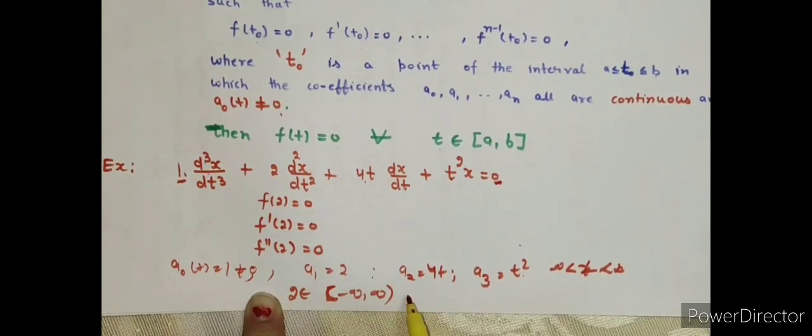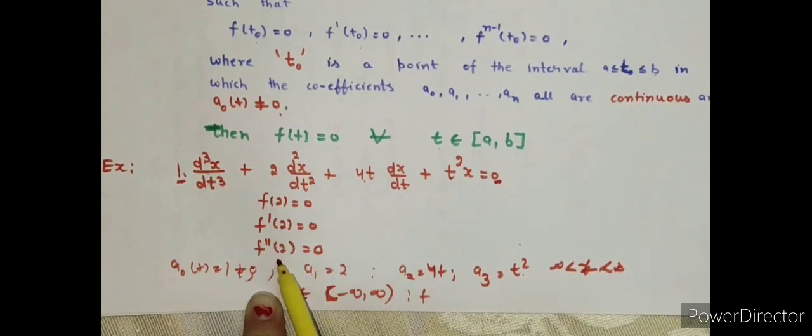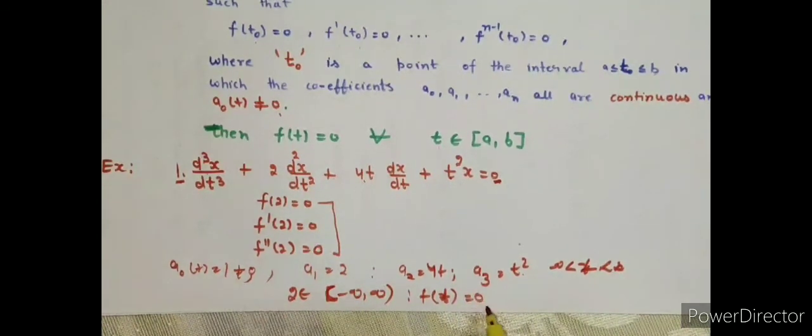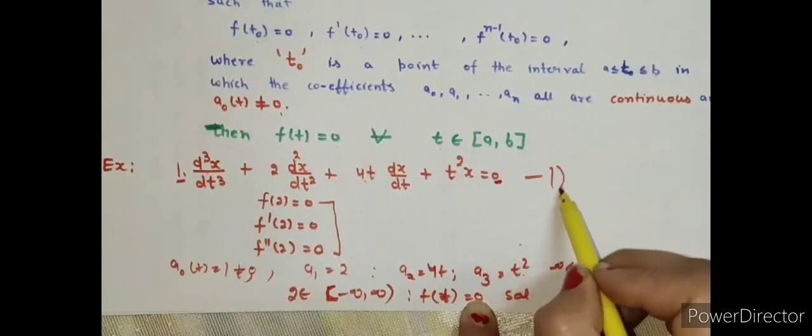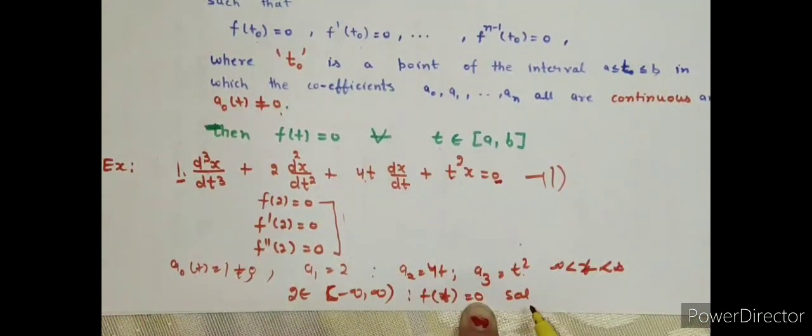So by this theorem, if f is the solution of this one and satisfies all these three conditions, I can say f of t equal to 0 is the solution of my initial value problem including these conditions.